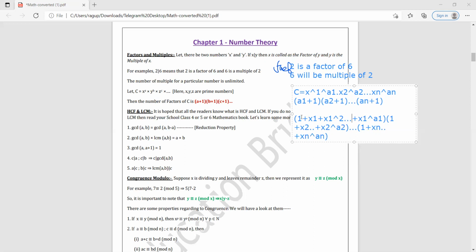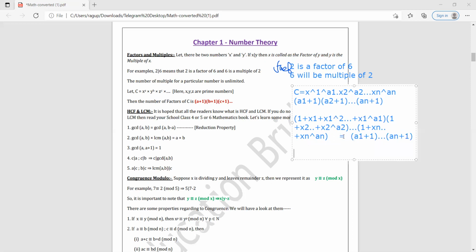So you are choosing from a1 plus 1 terms in this bracket, a2 plus 1 terms in this bracket, and so on. So the number of factors comes out to be a1 plus 1 into an plus 1. And thus we have proved it.